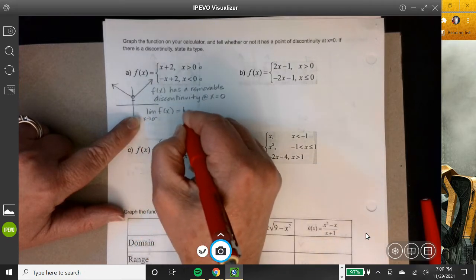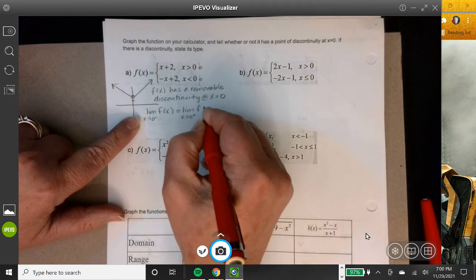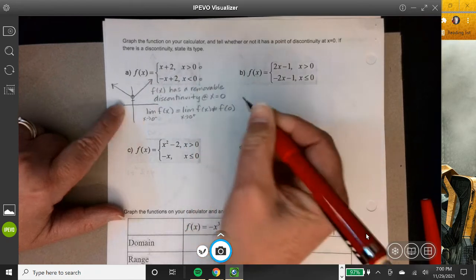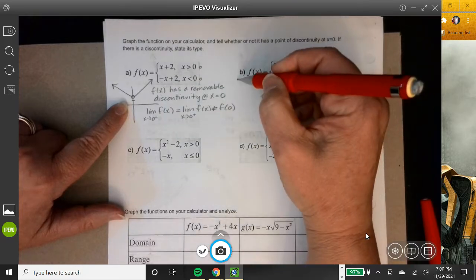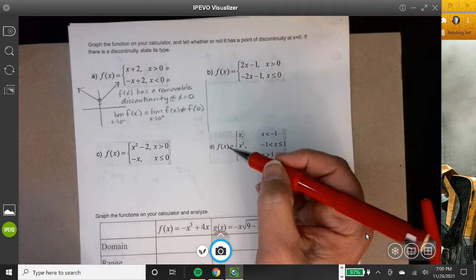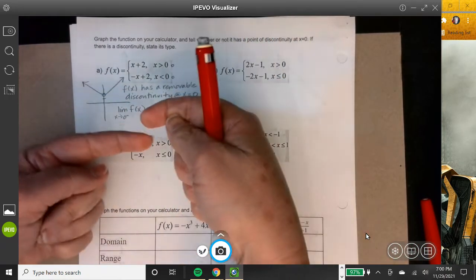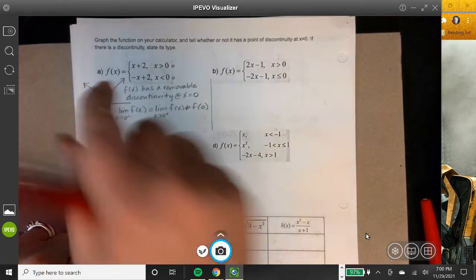Well, that's equal to the limit as x approaches 0 from the right side, but it's not equal to f of 0, right? Because that's an open dot there. All right. So that's how we notice we have a removable, right? Because the limits say they meet up, but what happened when they met up? They didn't have a solid dot there.